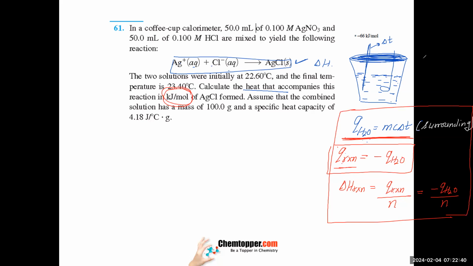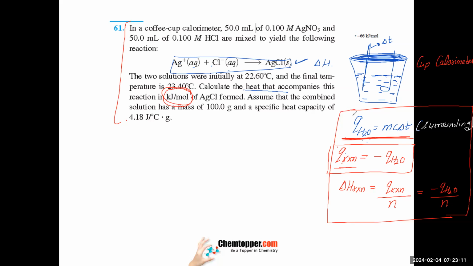We are carrying out a chemical reaction in a cup calorimeter. Please read the question carefully, give me the information, and work with these equations. If they are not clear, keep asking questions. Remember, in a cup calorimeter, water is the surroundings and the system is the reaction.